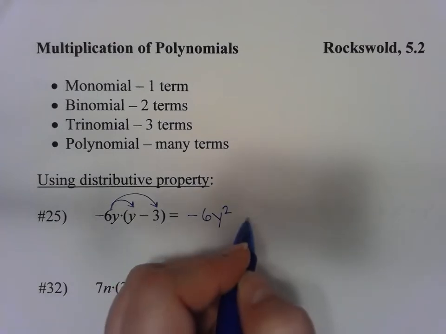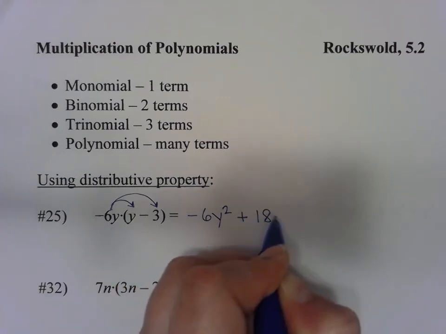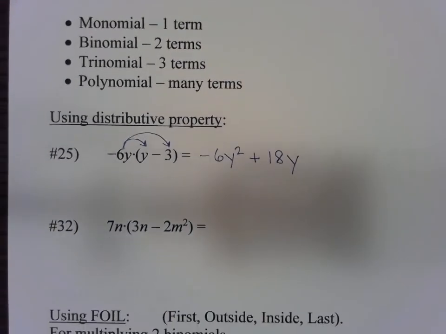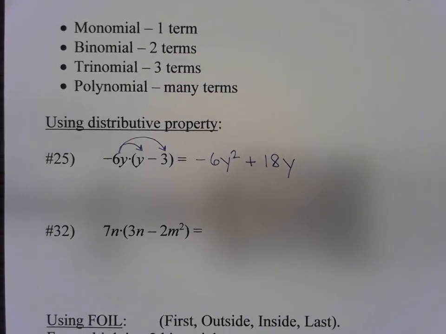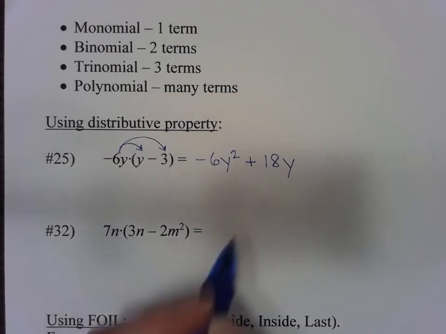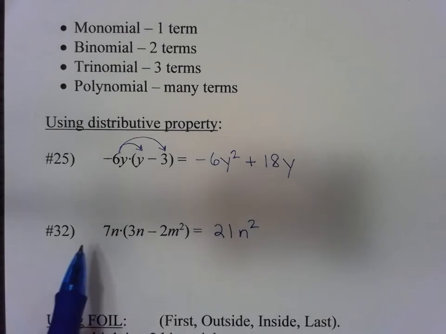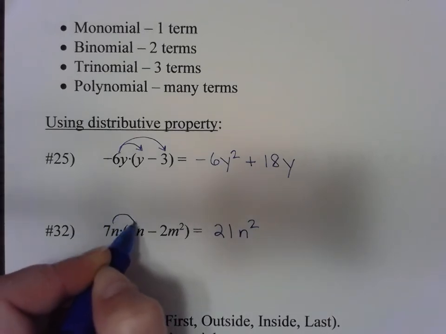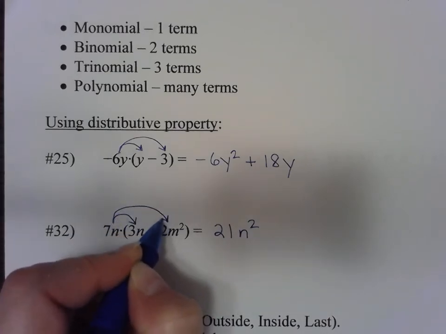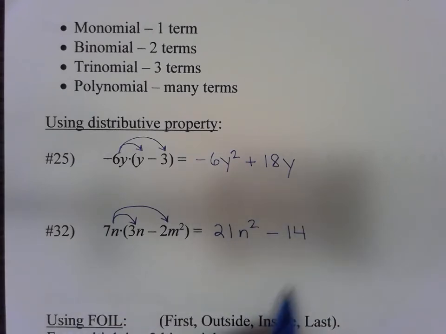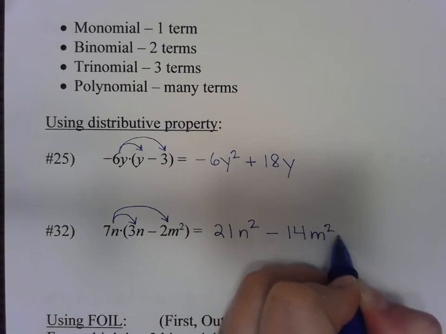Negative times a negative will be a positive 18y. Same thing here. 7n times 3n will be 21n squared. And then 7n times negative 2m squared will be minus 14m squared n.